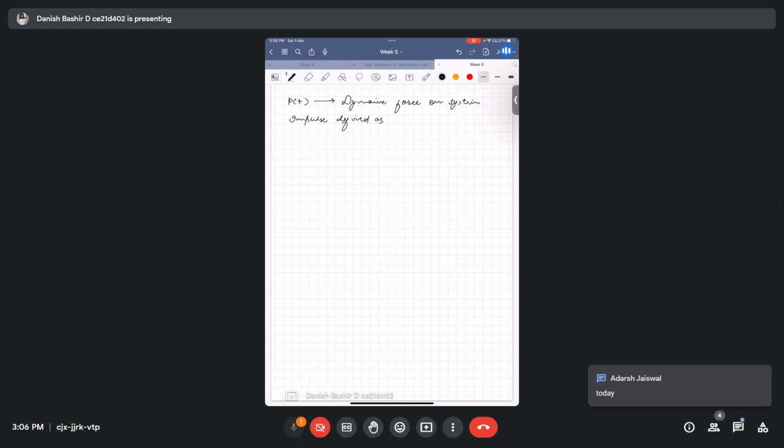Then impulse I is defined as the integral from 0 to the time up to which we have to find the impulse that acts on our system, and it is given as the integral of the varying force over time, P of t dt. And for example, as I earlier showed, this is the time axis and this is the force axis.